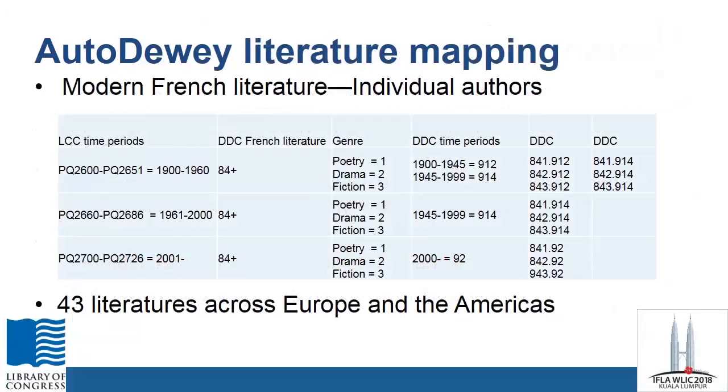There are 43 literatures across Europe and the Americas that have been worked on. What I did was, we started with ones in the Latin American languages, and I added German, Russian, and some older Latin American literature time periods as well. So we only had the most modern.